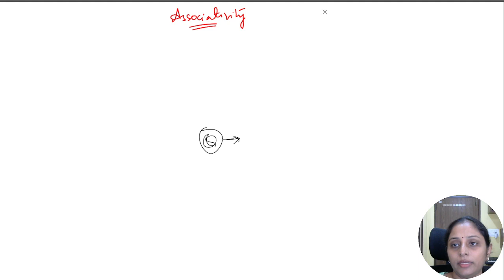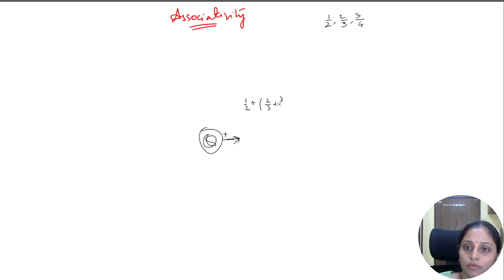Let us say we take 1 by 2, 2 by 3 and 3 by 4. Okay. Now let us look at addition. So I want to compare (1 by 2 plus 2 by 3) plus 3 by 4 with 1 by 2 plus (2 by 3 plus 3 by 4), right?